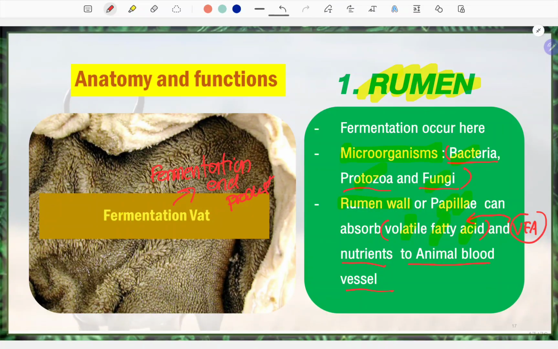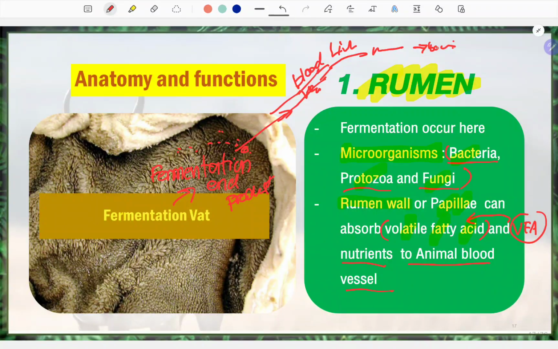Okay, and this is absorbed by the small papillae of the rumen wall and then absorbed into blood vessels, into the liver, muscle, and circulates into the body.